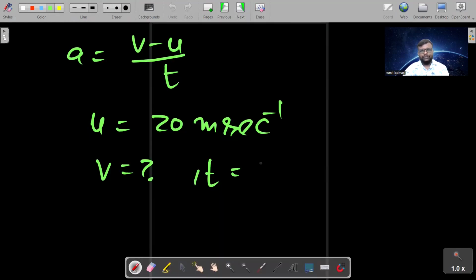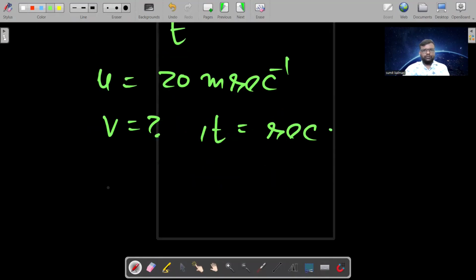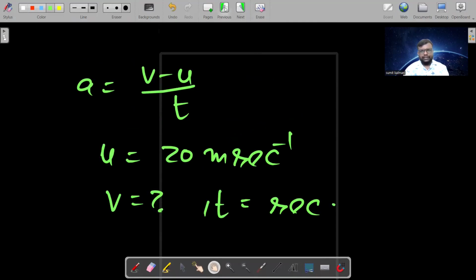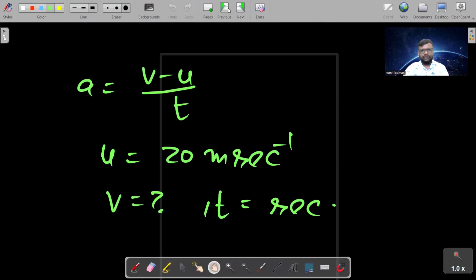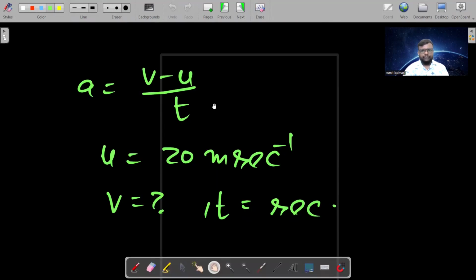You have to find the velocity after 5 seconds. Acceleration is also given, 2 meter per second square.